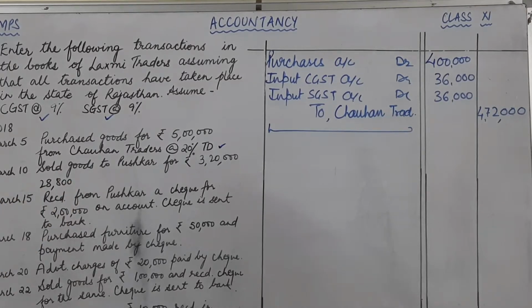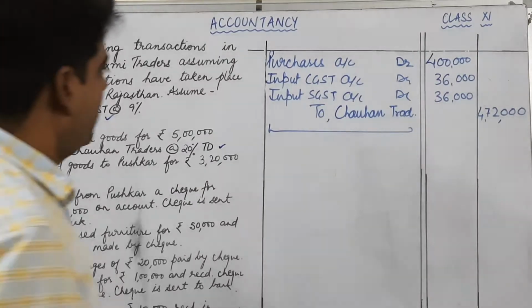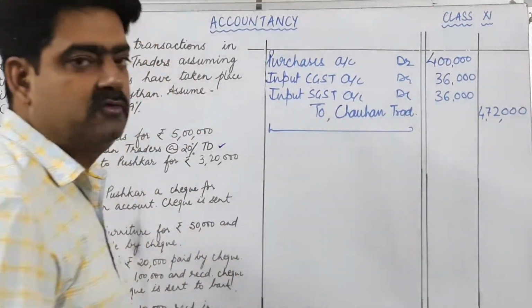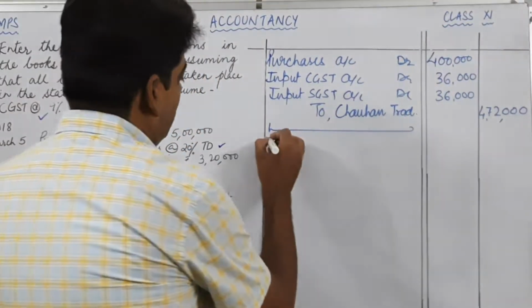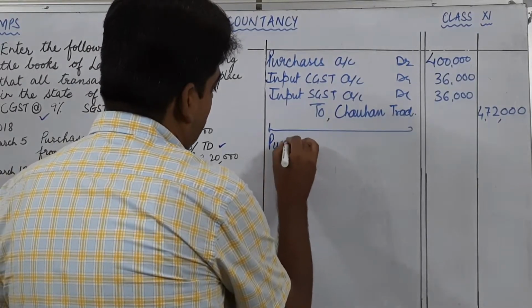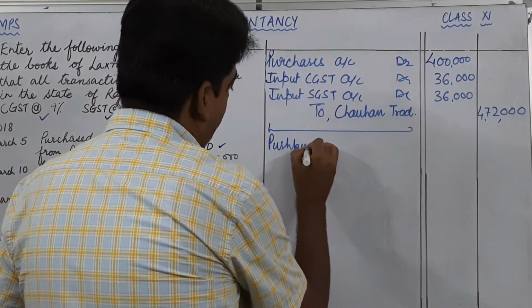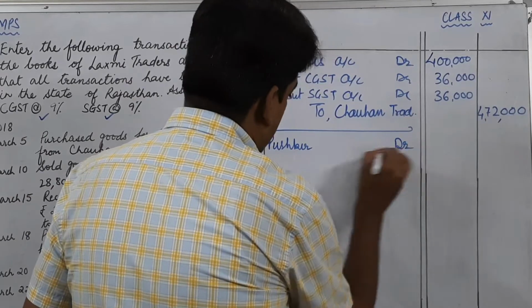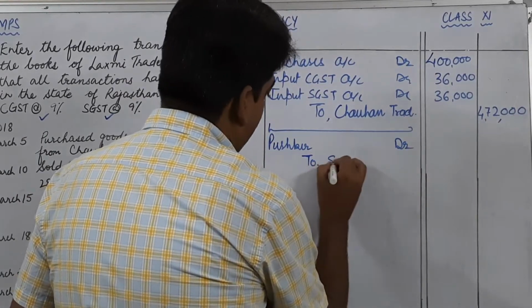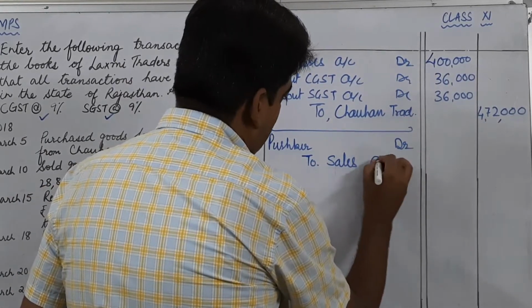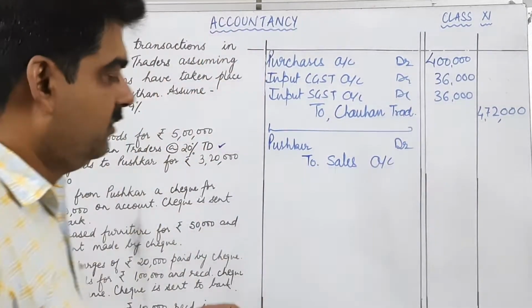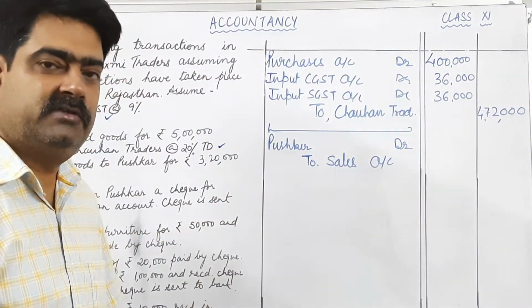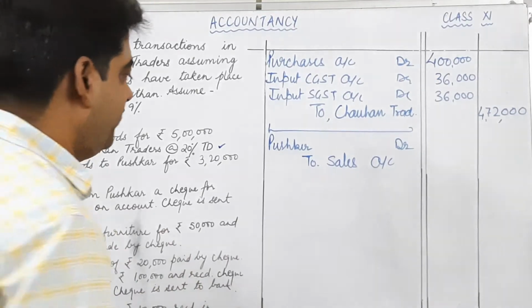Sold goods to Pushkar for rupees 3 lakh 20,000. So this is our credit sale of goods. We are selling goods to Pushkar. A very simple journal entry will come. That is, Pushkar debit to sales account, and you know that now we have to collect output CGST as well as output SGST.